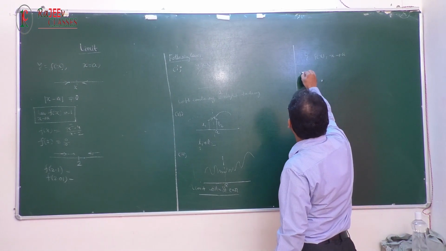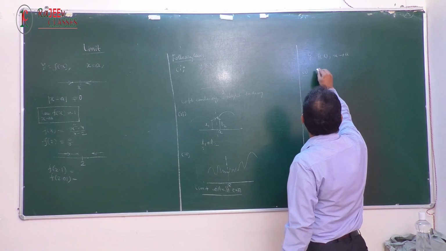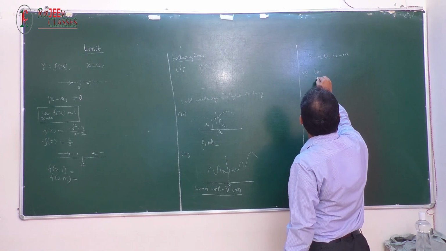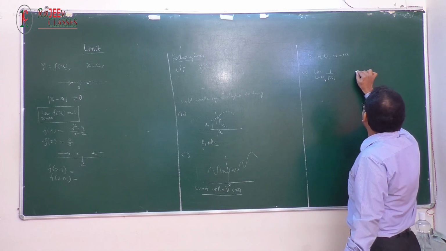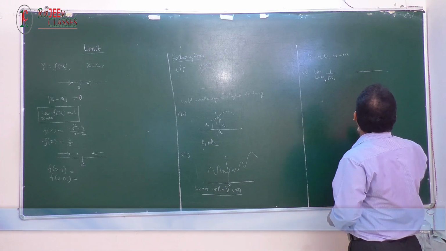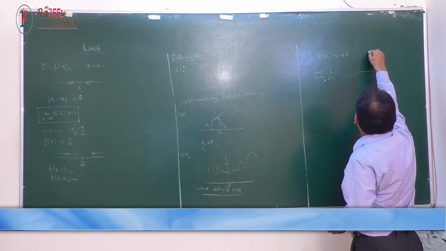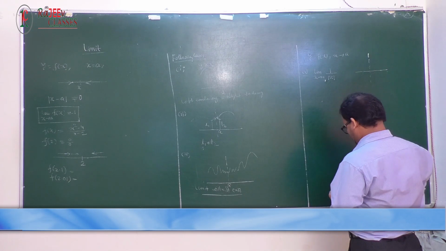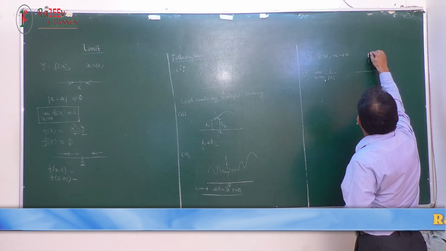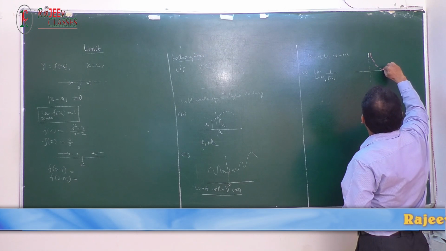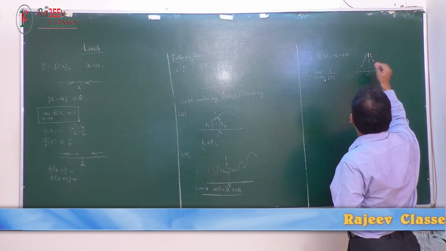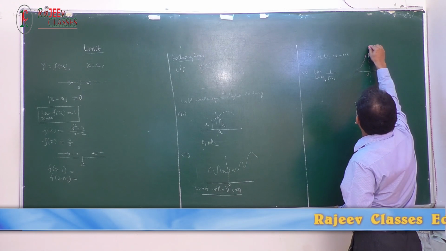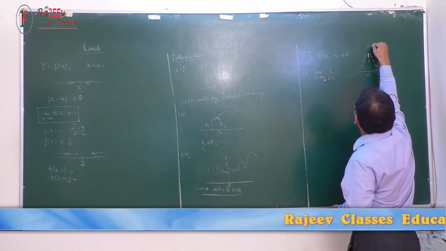In that case, we say that the limit exists. Now, taking one example, suppose I am taking the function limit x tends to 0 of 1 by mod of x. The function looks this way. When x approaches towards 0, the function moves towards plus infinity.